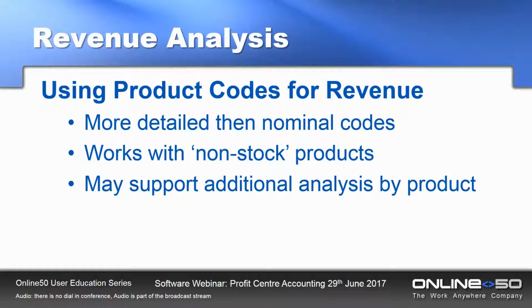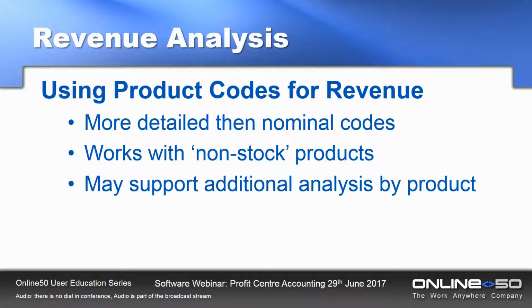So you can have sales going to the same nominal ledger account, which makes sense for your management accounts, but if you want to get a breakdown of sales, you can get information from the product codes if that supports it. So often it's a very sensible thing to do. Sage 50 does not allow any extra analysis to be stored against the product code.